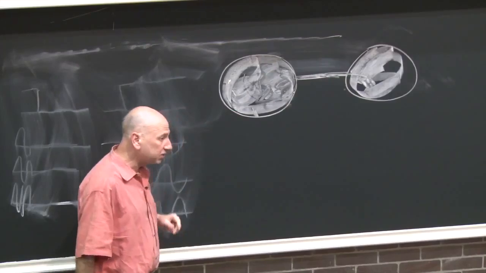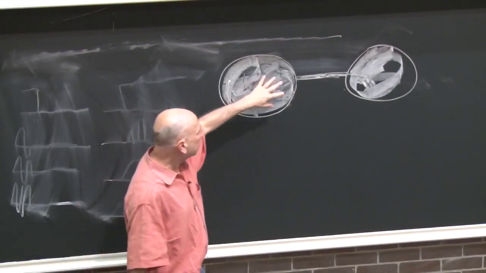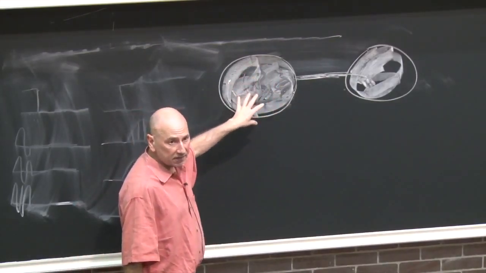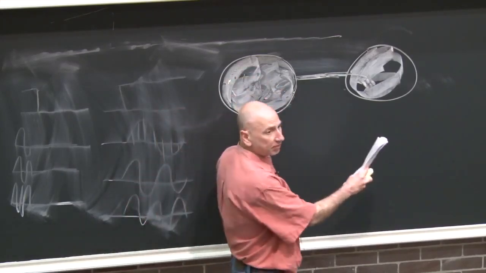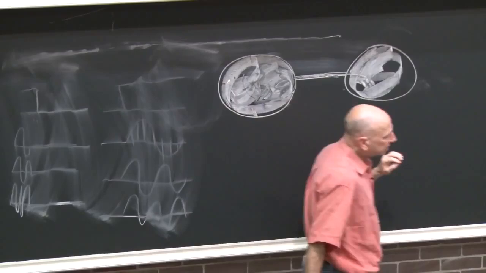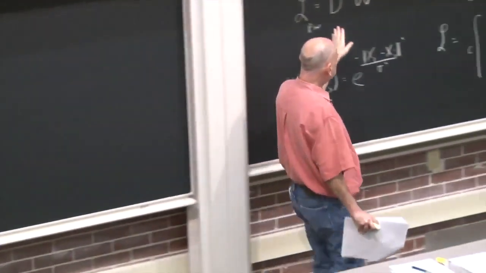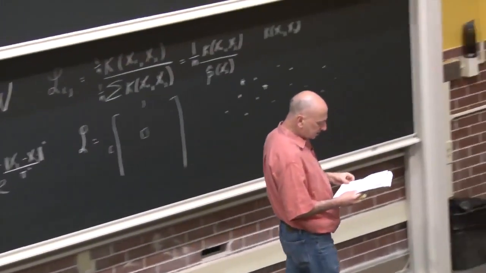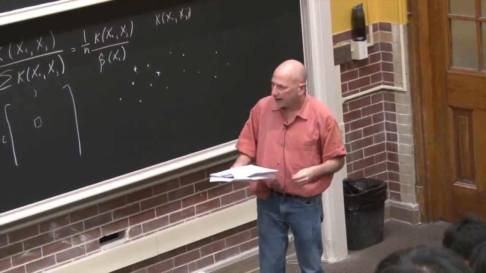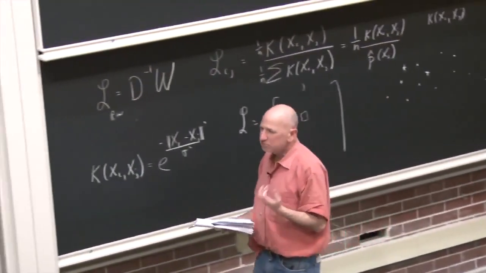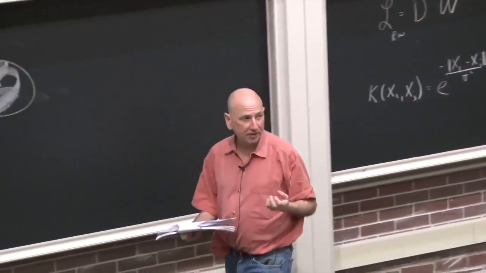And so the random walk is measuring the connectivity of the data. It's measuring which pairs of data points are highly connected and which ones are separated. This matrix L has all kinds of nice properties, and these properties reflect the geometry of the data.